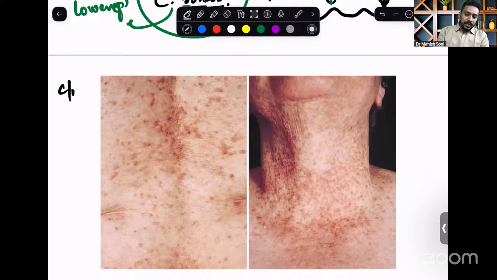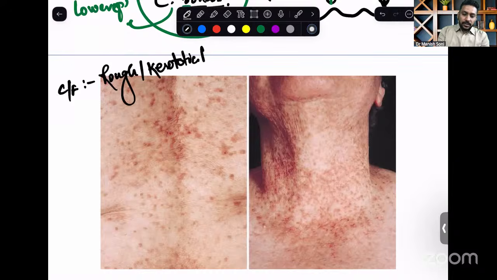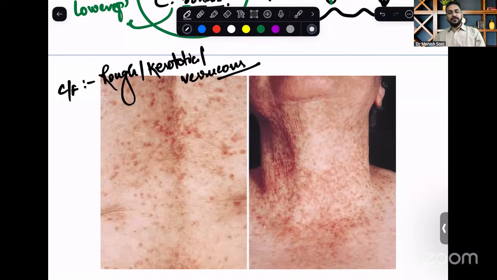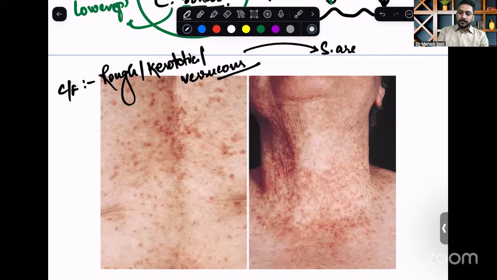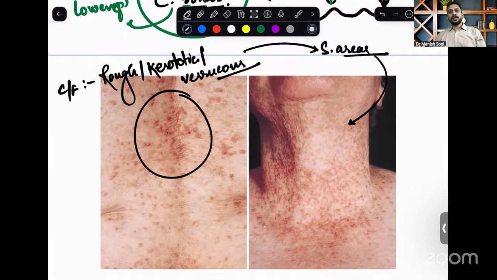So clinically, you will find rough, keratotic lesions, or verrucous, that is wart like rough lesions over seborrheic areas, like scalp, behind ear, face, neck, upper chest, upper back. So this is the common presentation of Darier disease.